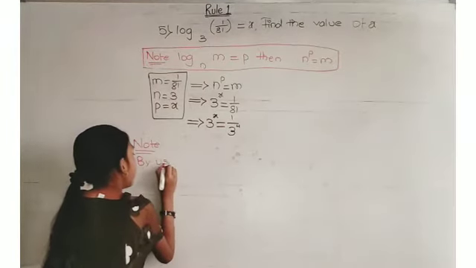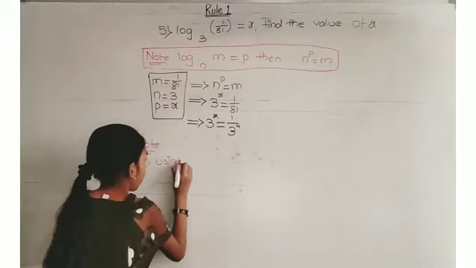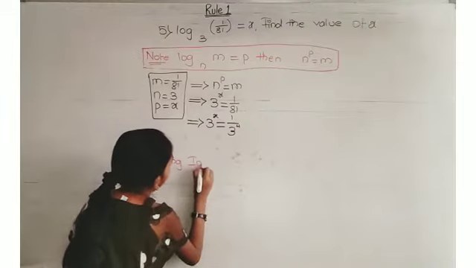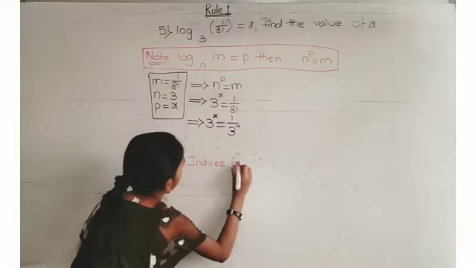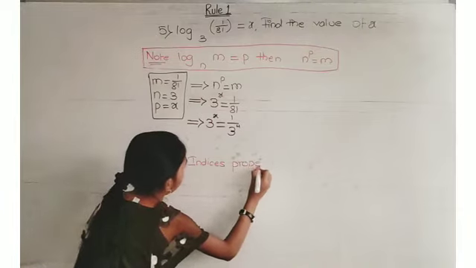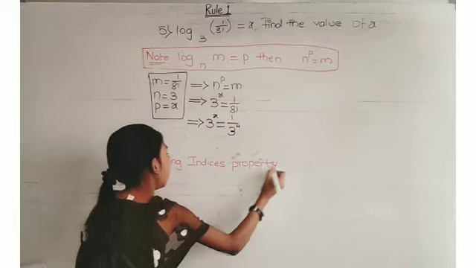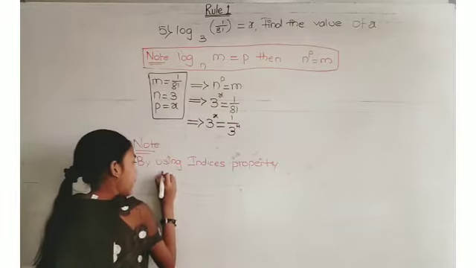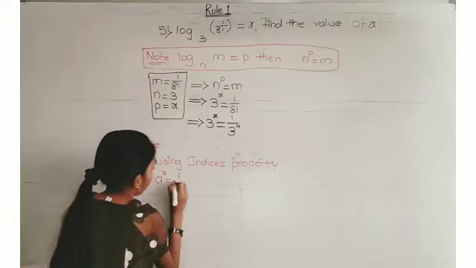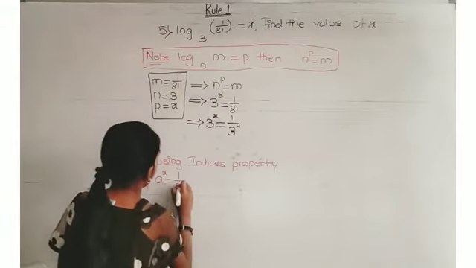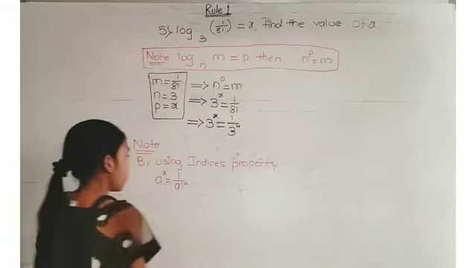By using the indices property, a raised to x is equal to 1 upon a raised to minus x.